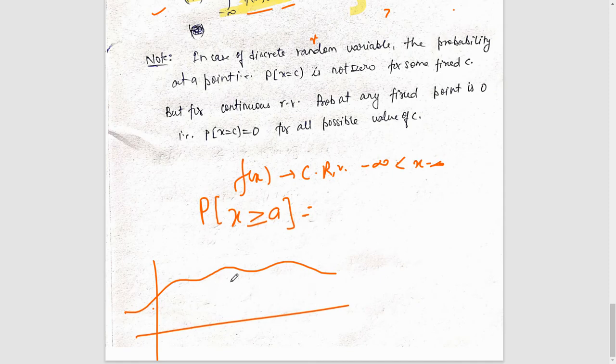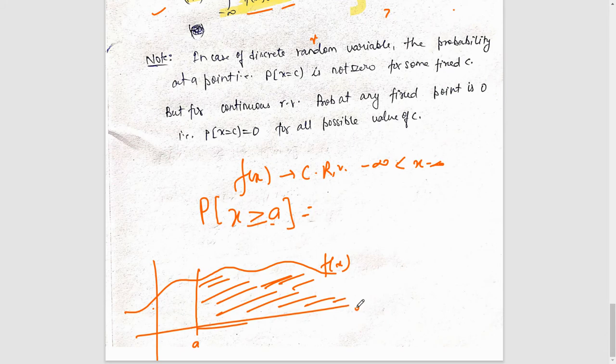The first important thing is that whatever probability you are interested in, it is the area under the curve. So let's say here is the point A, and you want to find the probability that your random variable x is greater than or equal to a specific value A. This means whatever the area is below the curve fx from A till infinity, this will be your required probability.